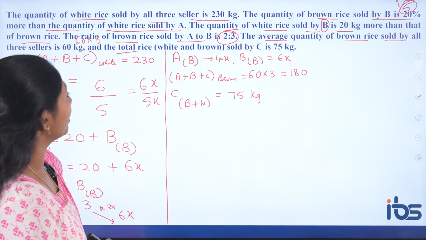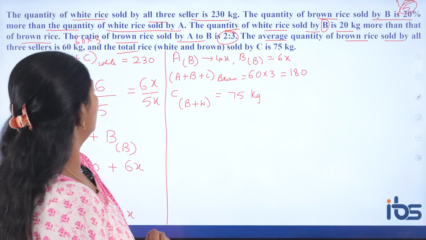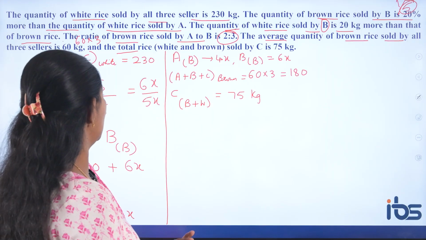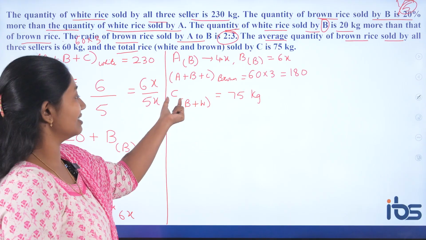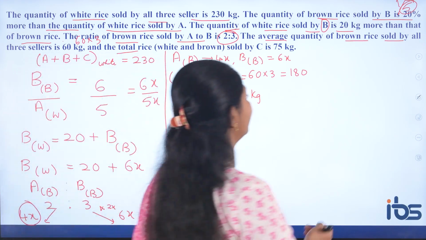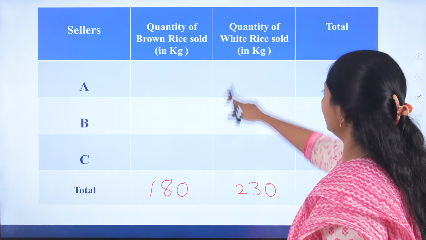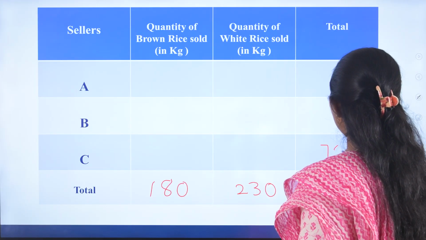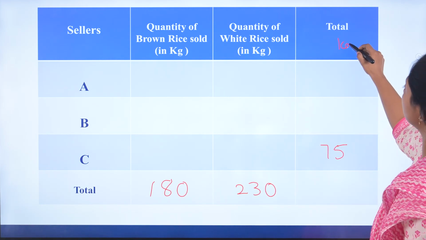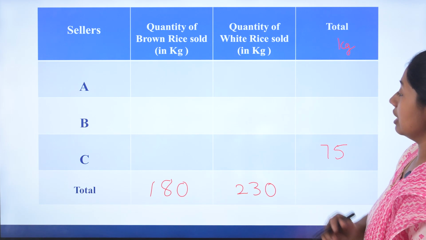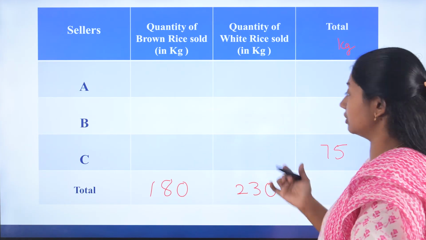We know brown rice of A, brown rice of B, but we don't know brown rice of C. But we know B plus W, that means seller C's brown plus white is 75 kg total. If we know this thing and this thing, you can equate it to 75 and solve it.